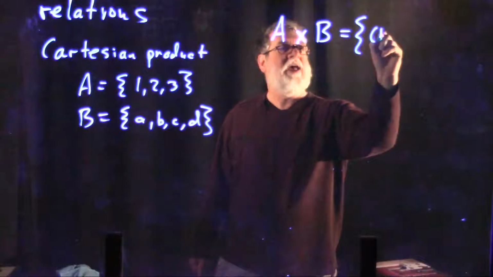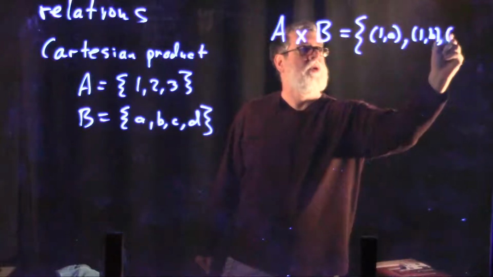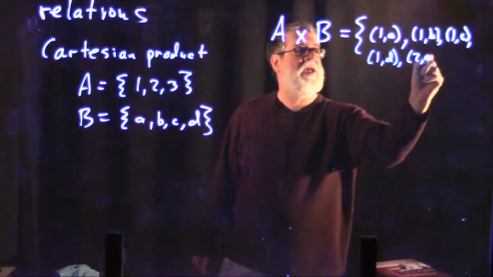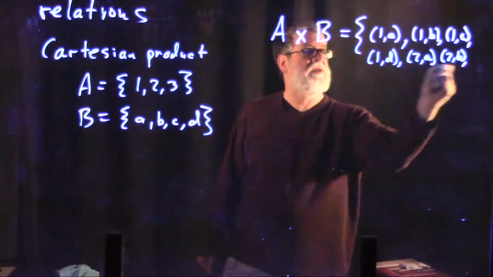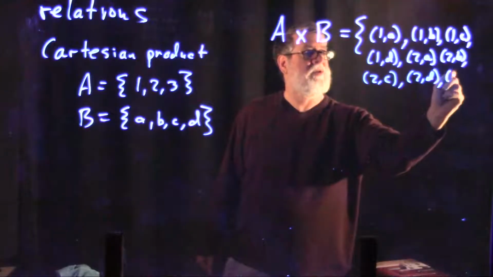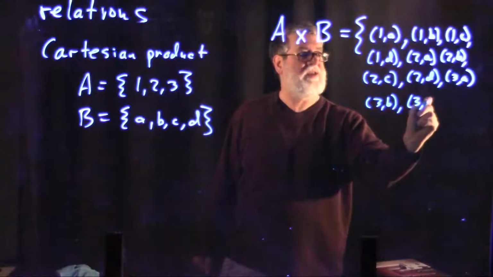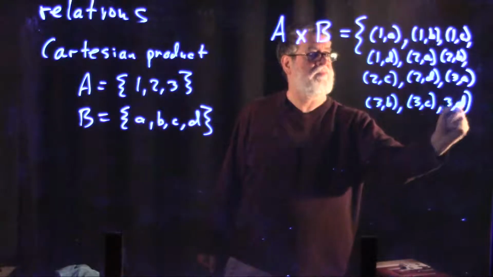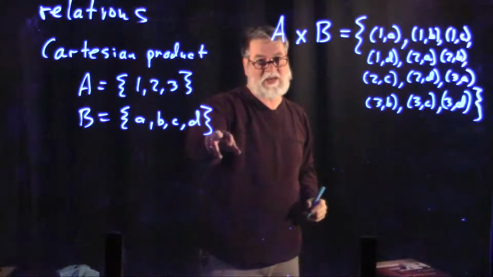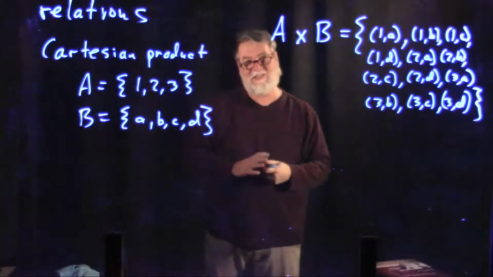It has the pair 1a, the pair 1b, 1c, 1d, 2a, 2b, 2c, 2d, 3a, 3b, 3c, and 3d. Okay. So if we have 3 elements in the first set, 4 elements in the second set, we end up with 12 elements here.